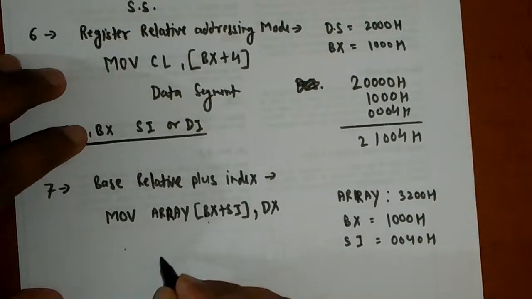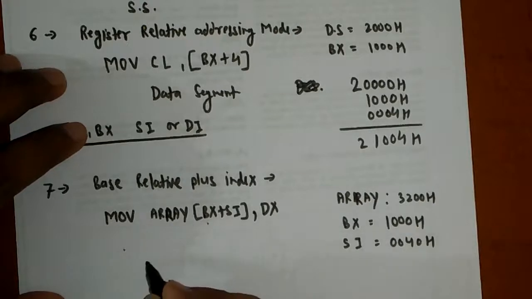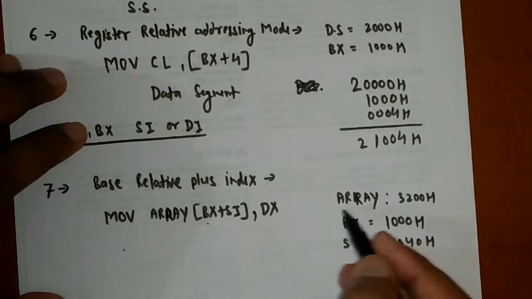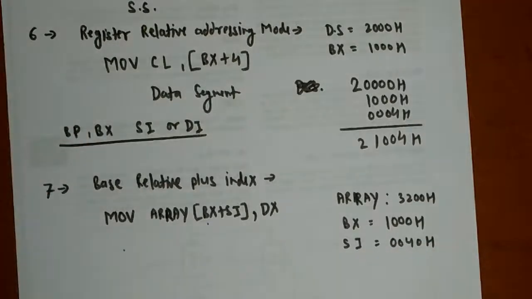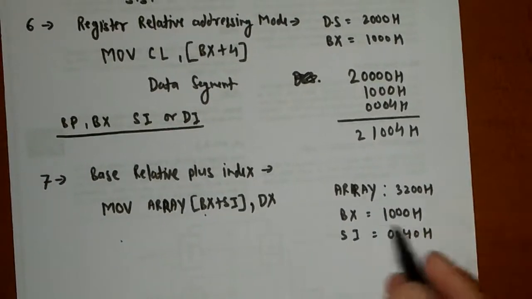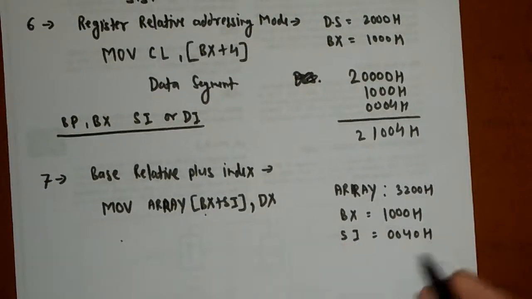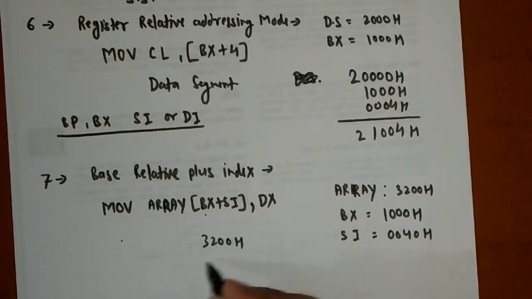So, this is BX, and 3200h is given already here, right? We will add all these things together, and then we will combine this with the data segment. So this is 3200h plus 1000h plus 0040h.